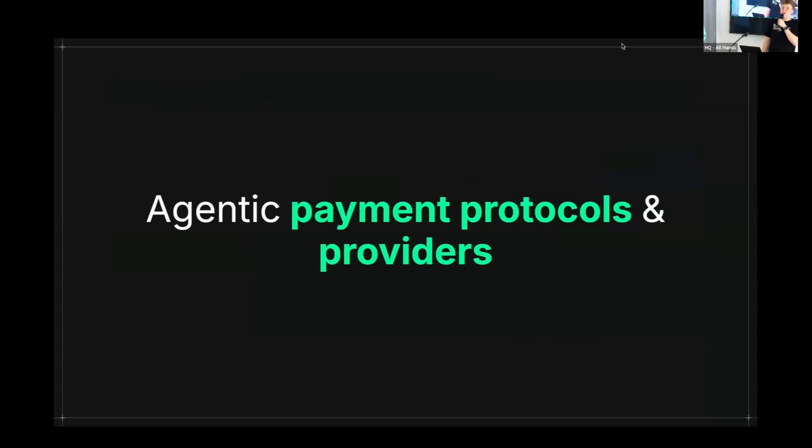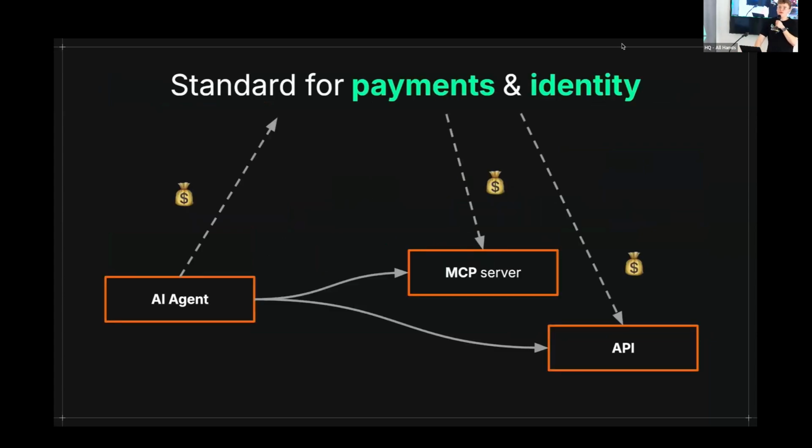That's why we have agentic payment protocols and providers. They should be the standard way that agents get identity and payment capabilities. So your agent has, for example, your wallet, your credit card, or a crypto wallet, and using some protocol or provider, they communicate through it to the target services that they want to use.